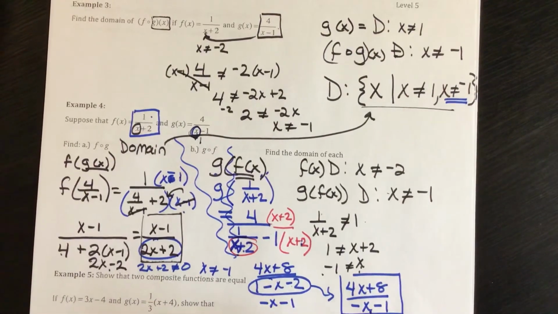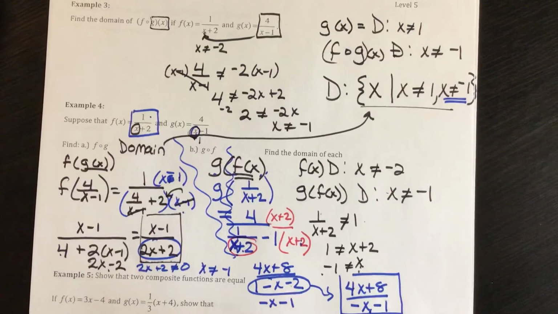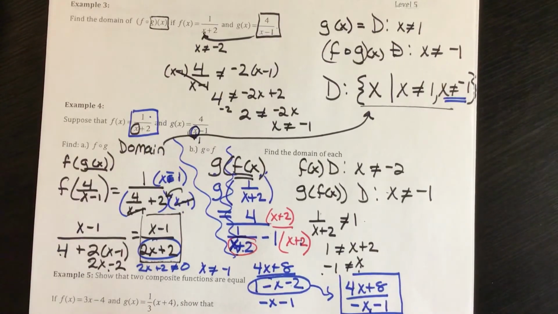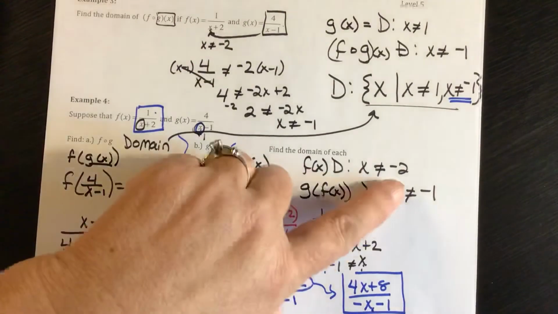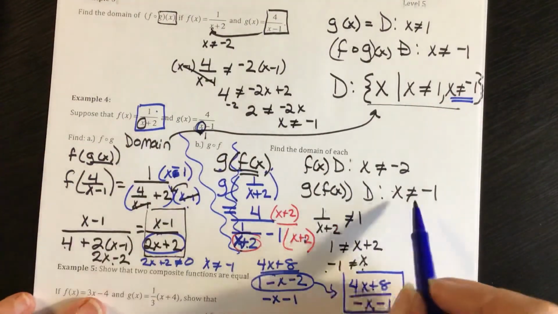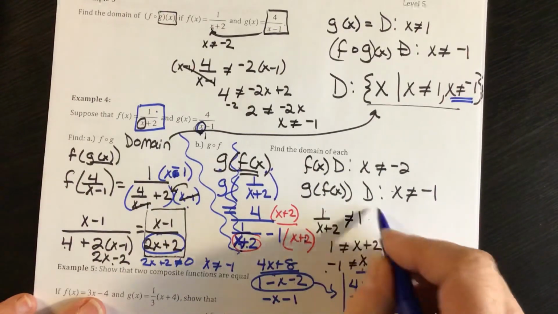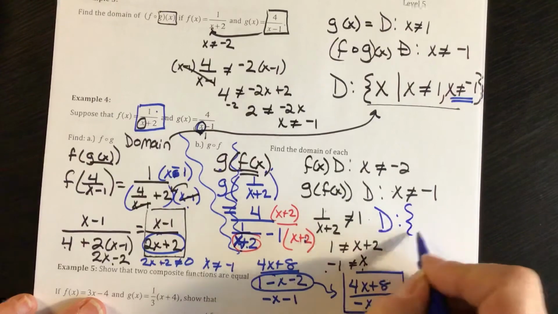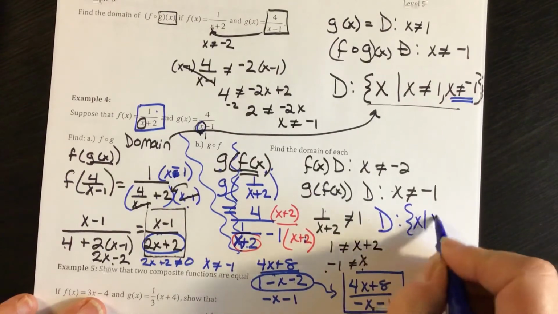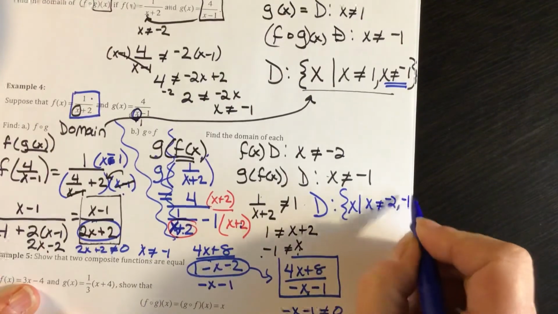Let's look at that. Negative x minus 1 can't equal 0. Add 1, so negative x can't equal 1. So x cannot equal negative 1. And that's what I had up here. So that's my domain of this whole function. So my domain is going to be, for all values of x, x cannot equal negative 2 and negative 1.